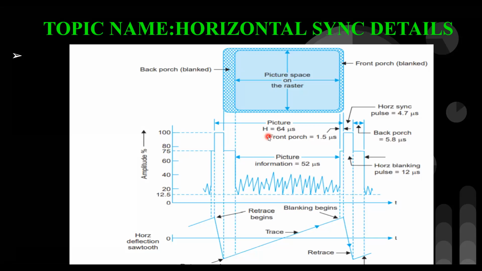So the total line period is 64 microseconds. And the line blanking period. So what is the line blanking period? Approximately 12 microseconds.